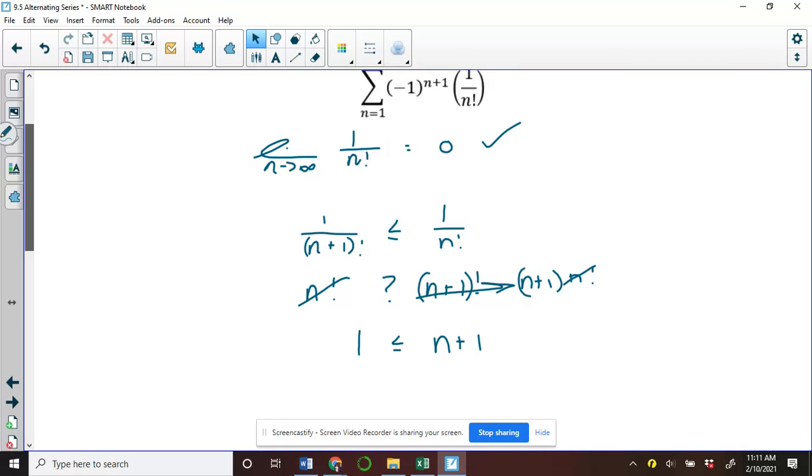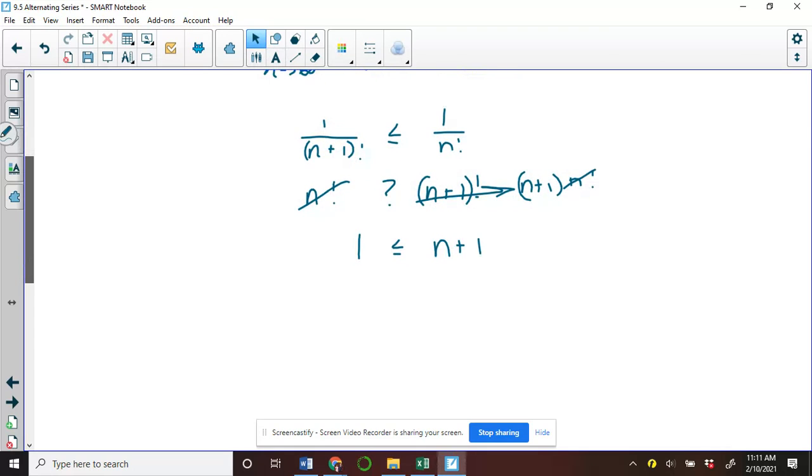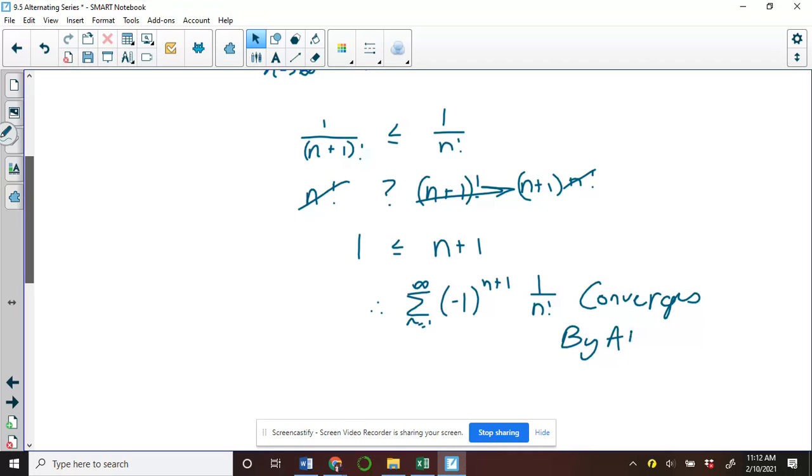Therefore, in general, we know that we're decreasing because the next term is less than or equal to our current term. So we know our summation of n equals 1 to infinity of negative 1 to the n plus 1 times 1 over n factorial converges by our alternating series test.